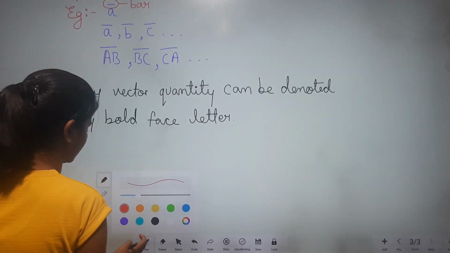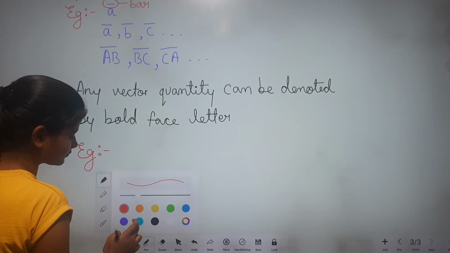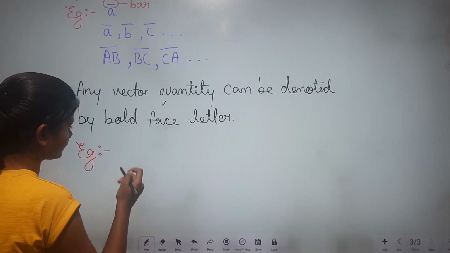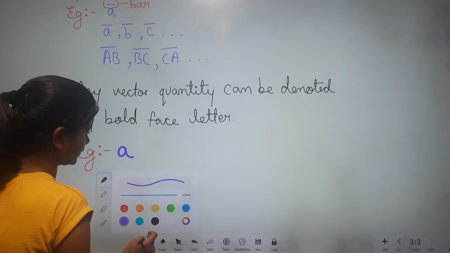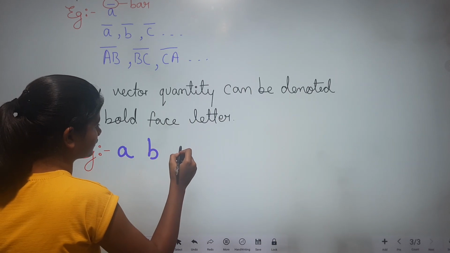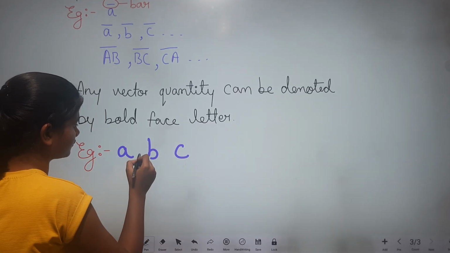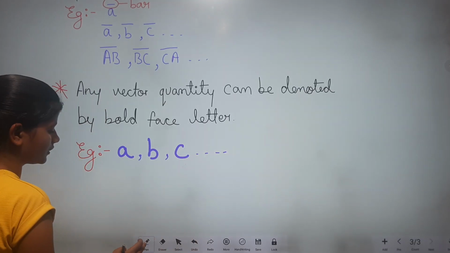Okay. For example, A vector. Okay. B vector, C vector, and so on.